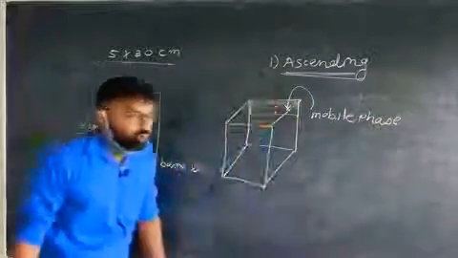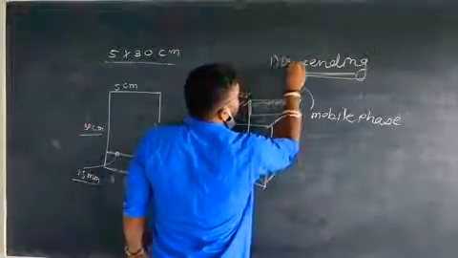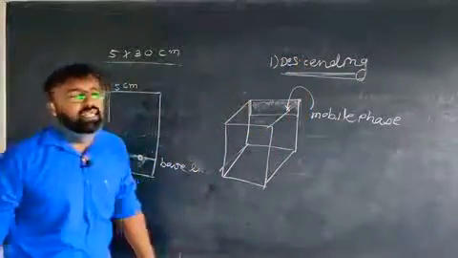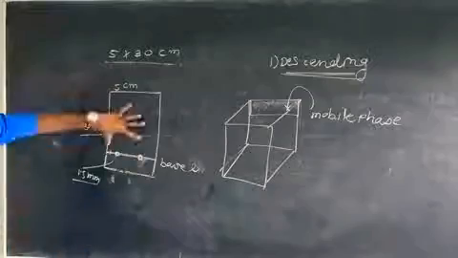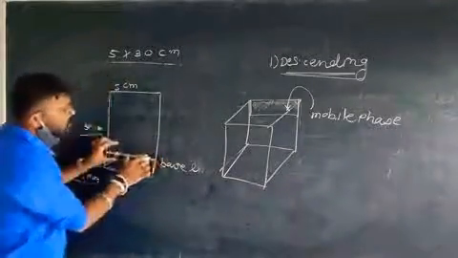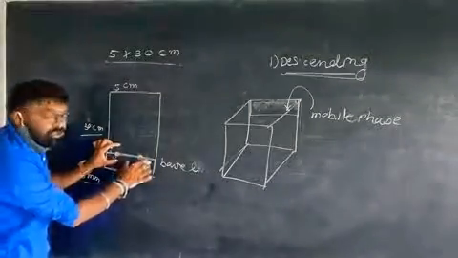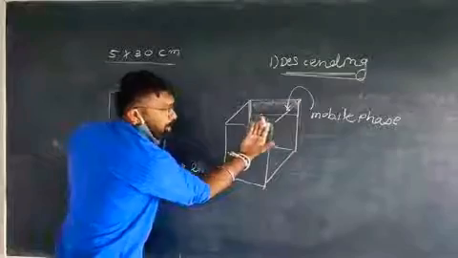Now, this is the descending type of paper chromatography. The paper is taken with the side on which the spots are given at the upper side.